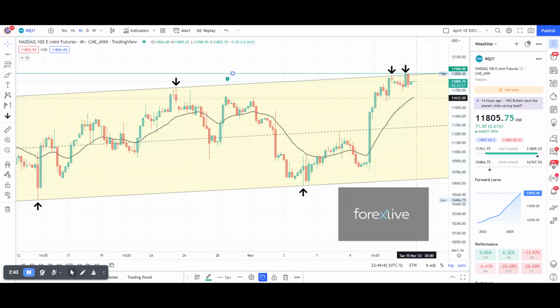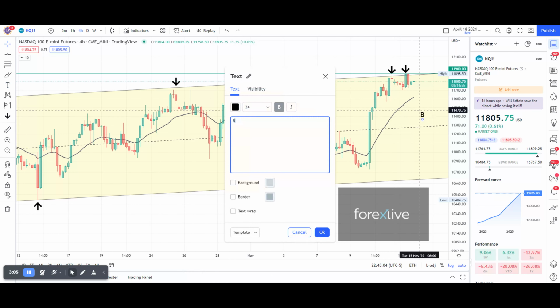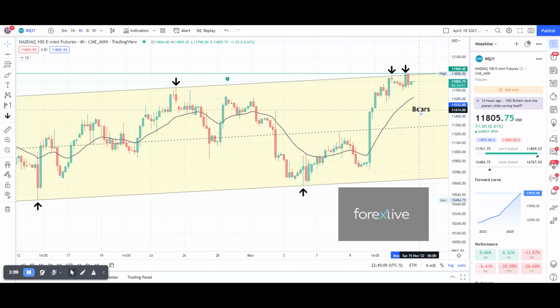You also want to watch the other side, the 20 EMA. In case price goes down to 11,550, where a 4-hour candle closes below 11,550, then bears regain control, around this area.